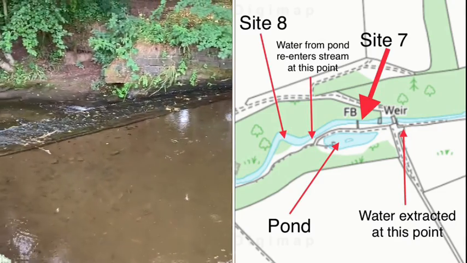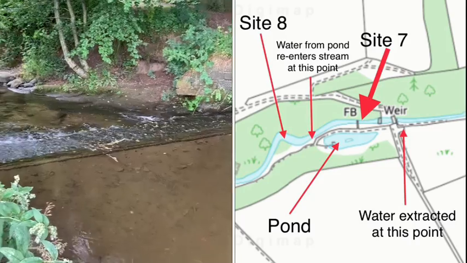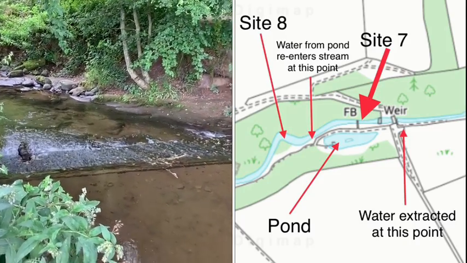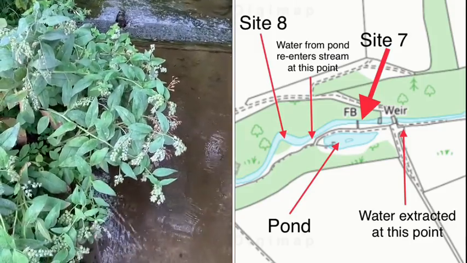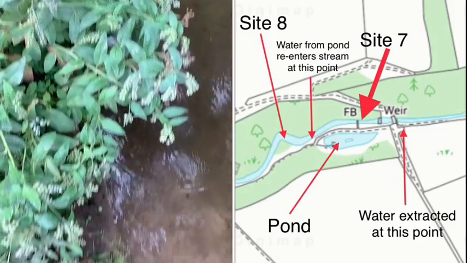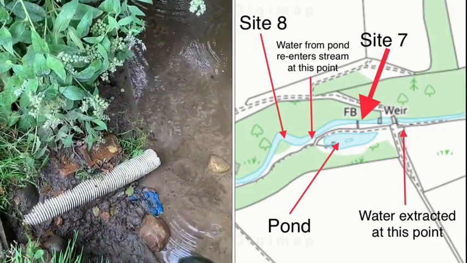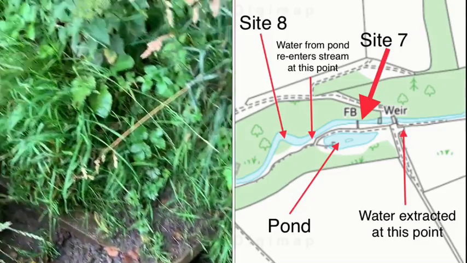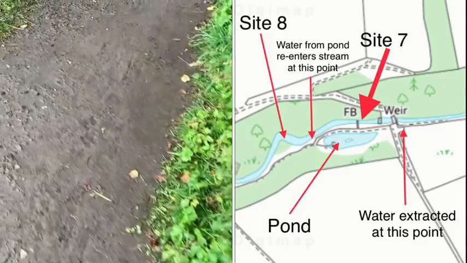And if we look after the little weir or dam that's been built, we can see only some water pouring over the top. So where's the rest of the water going? Well, just behind this bush there is a pipe that we can see just there, and water is flowing into that pipe, and we can follow that pipe. It goes under the path.